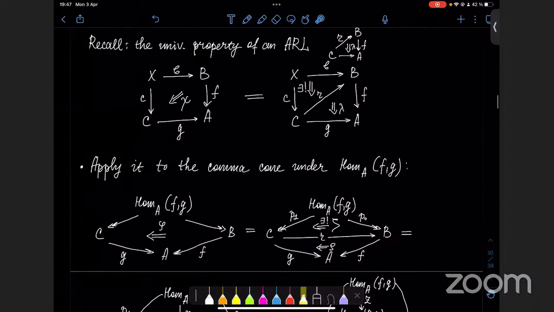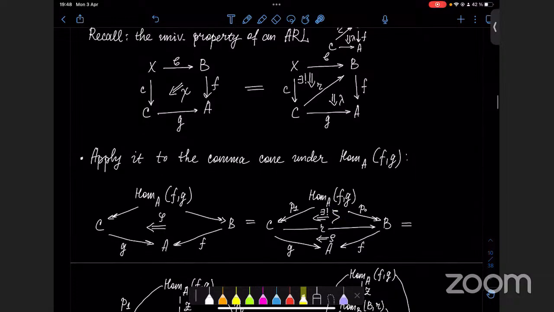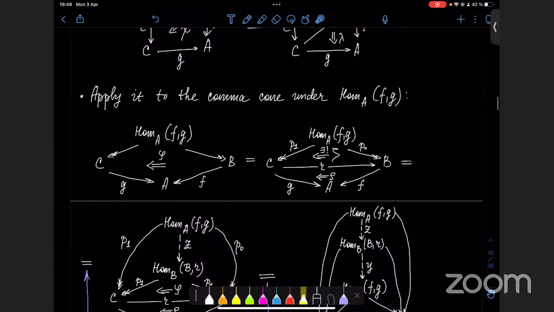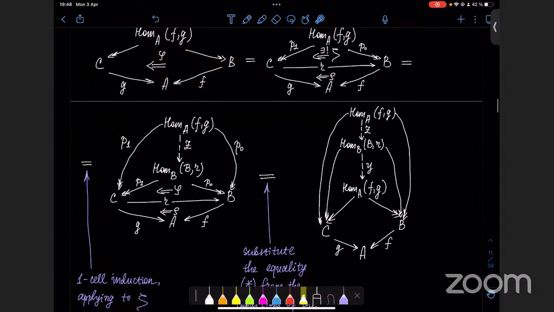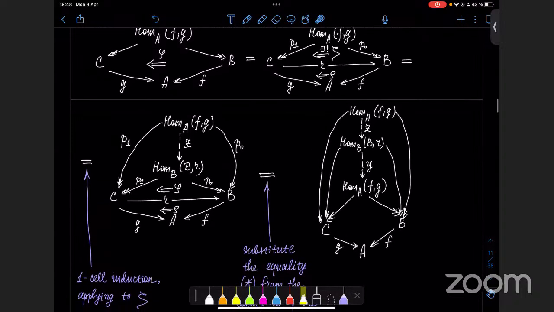Okay, and we can apply this universal property to the comma object, the hom object between F and G. So consider the following diagram and just factorize it through rho. Then you get this zeta, and moreover you can use the one-cell induction.